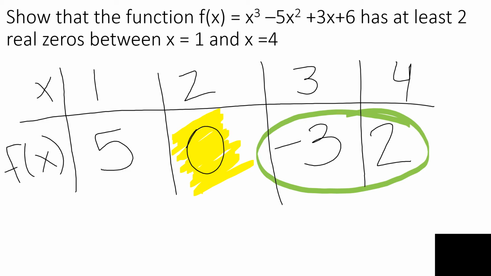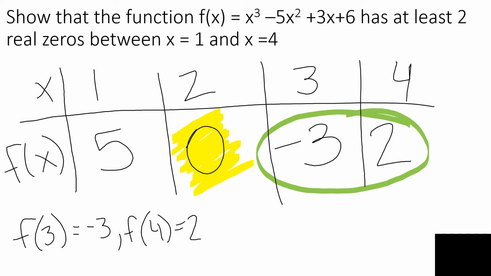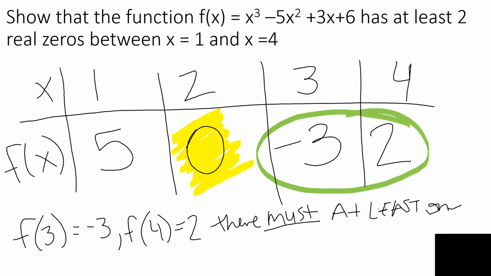So what this says, using our intermediate value theorem, when f of 3 is -3 and f of 4 equals 2, there must be at least one real 0 between 3 and 4.